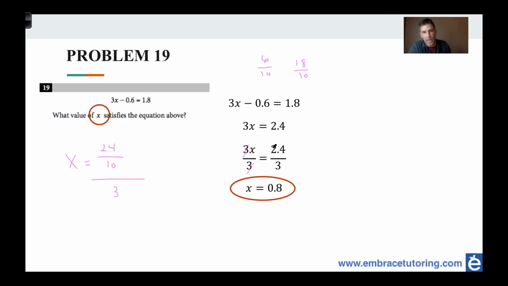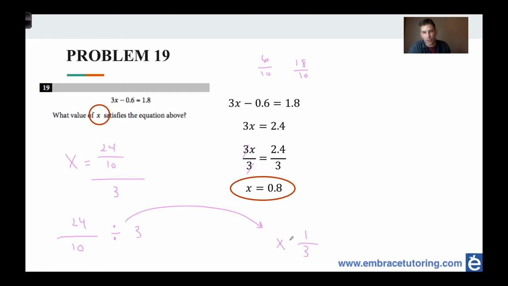So if you have more difficulty with decimals, but you prefer to use fractions, now remember, if I'm dividing by a fraction, it would look something like this: 24 divided by 10, and then this would be divided by 3. But if this is divided by 3, remember what you have to do. You have to flip this to become times, and you flip this to become a reciprocal.